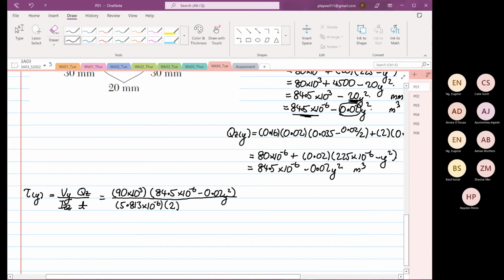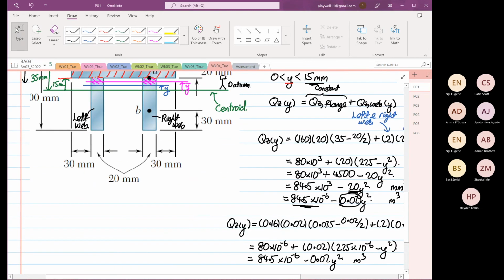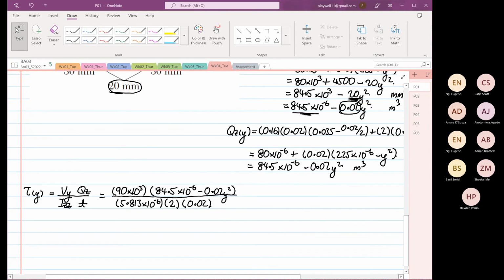Thickness is twice, and then you have to put in 0.02. Why 0.02? Because this is the web thickness, corresponding to 0.02. You have left, you have right, so that's why we have the 2. So I write down here, this is the left and right.